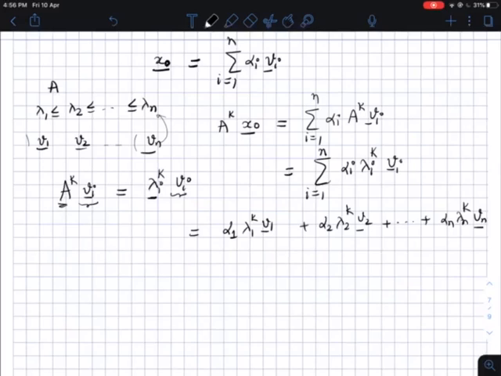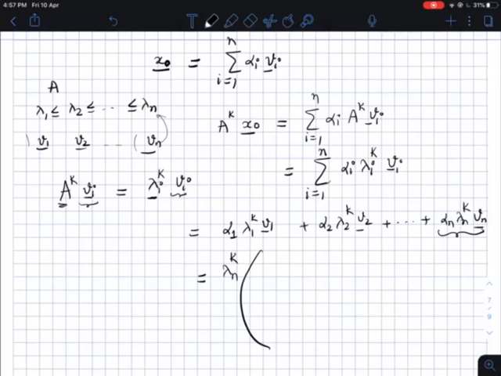Now my claim is that this term is large compared to the other terms, so let's formalize that. How would you formalize that? You will pick this lambda n to the k common, and let us list the terms in the reverse order. I'm going to list this term first.